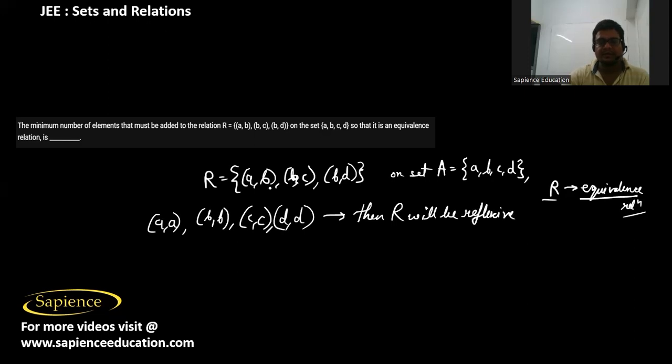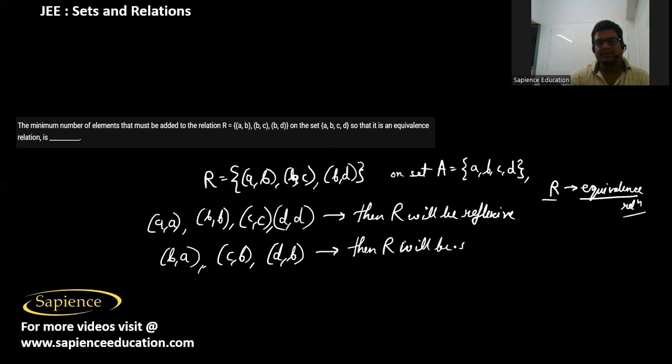And it should be symmetric also. It means that (A, B) is there, so (B, A) also should be there. (B, C) is there, so (C, B) also should be there, and (B, D) is there, so (D, B) also should be there. Then only R will be symmetric, and it has to be transitive also.